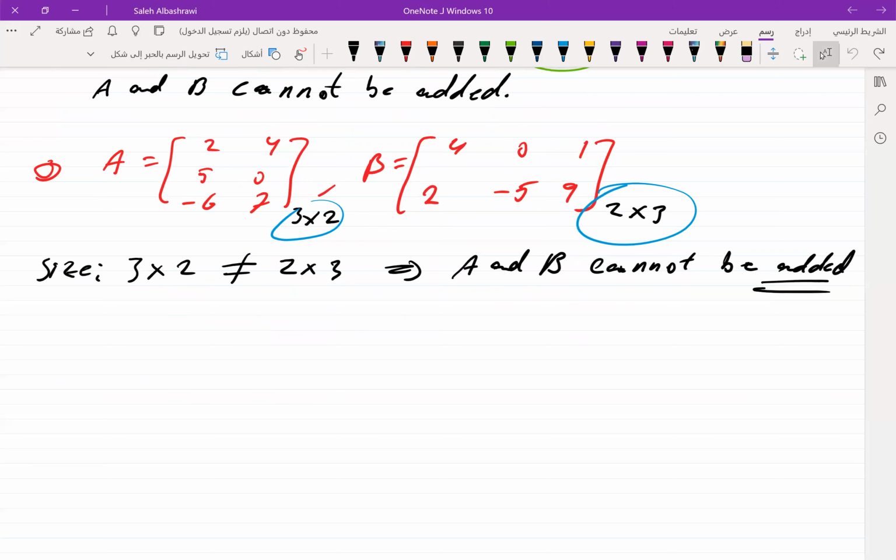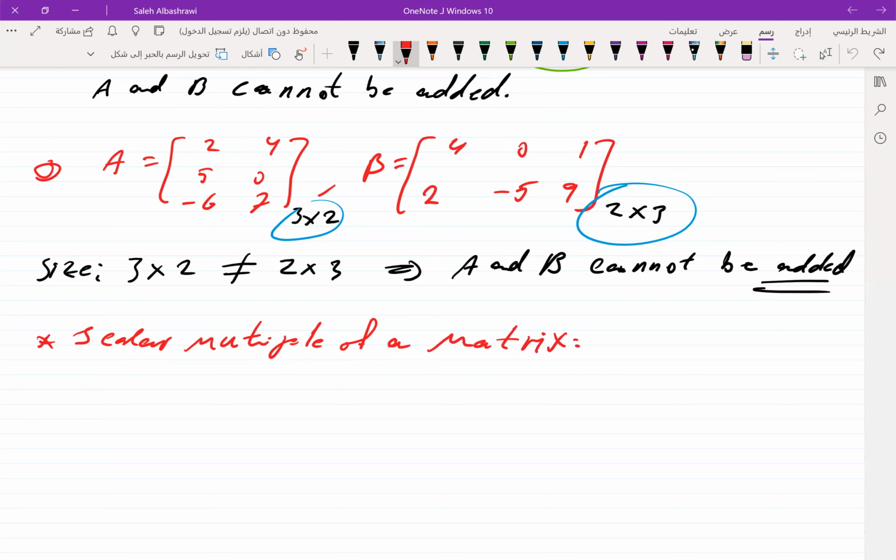Now, next point is the scalar multiplication, or scalar multiple of a matrix. Let K be a scalar.